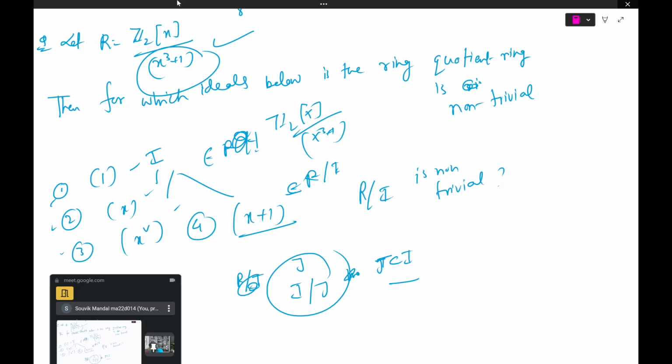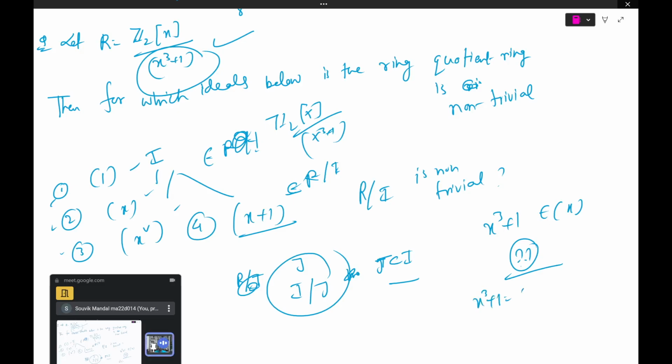Is it the ideal generated by x? First of all, does x cube plus 1 lie inside the ideal generated by x?